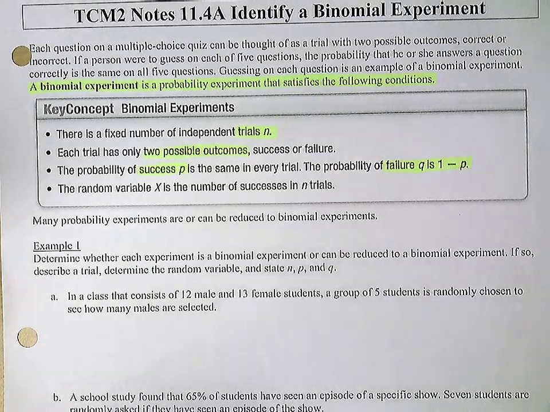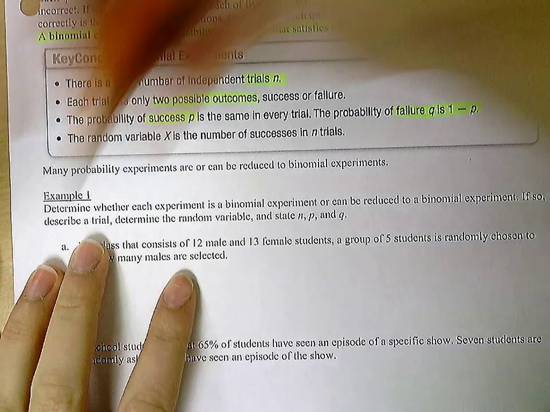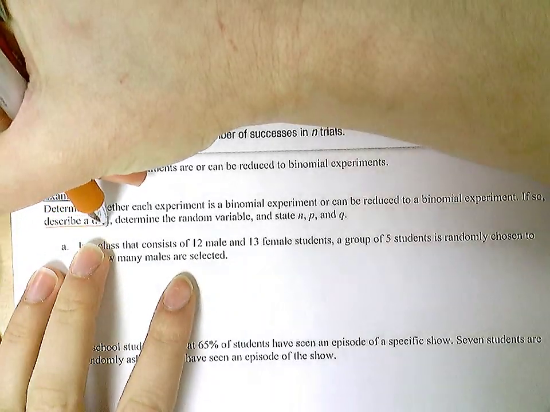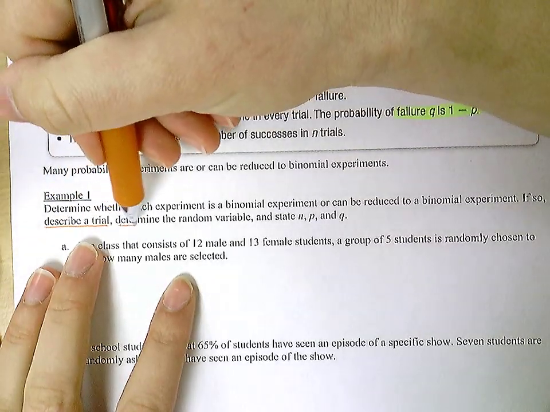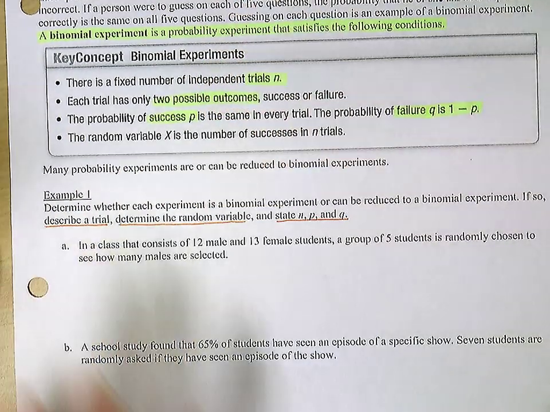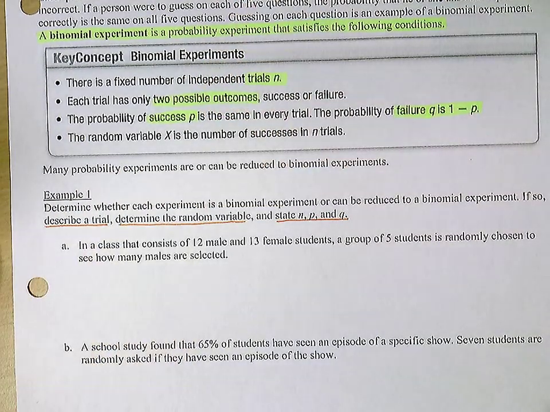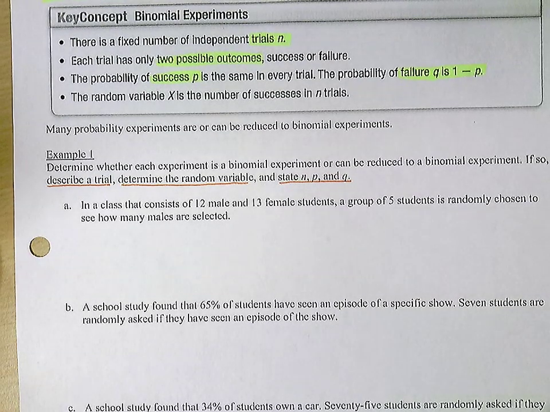If it is, we need to describe a trial, determine the random variable, and then state n, p, and q. Again, n is your number of trials, p is the probability of success, and q is the probability of failure. Letter A says, in a class that consists of 12 male and 13 female students, a group of 5 students is randomly chosen to see how many males are selected.